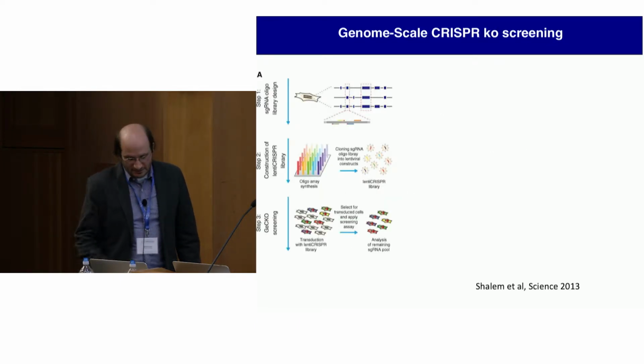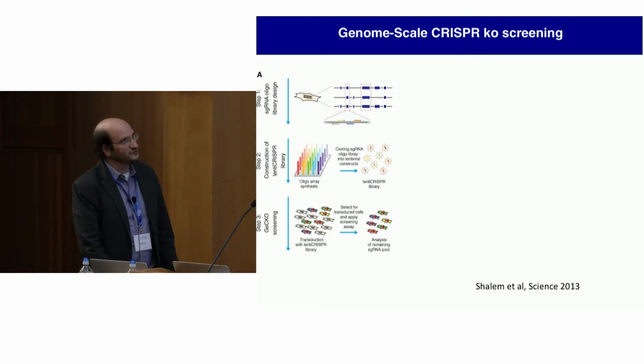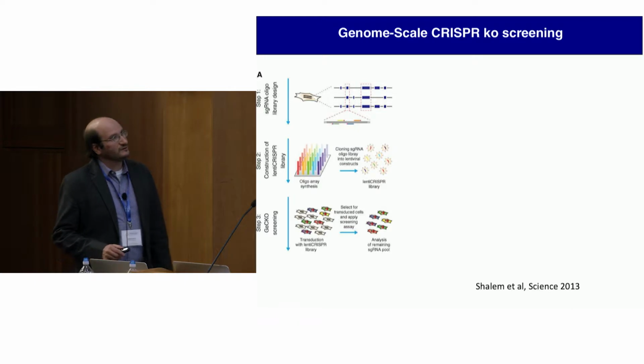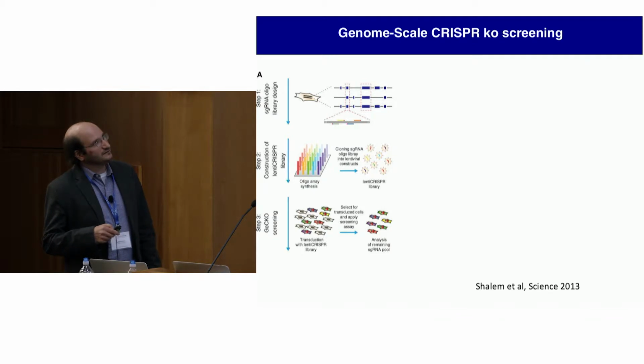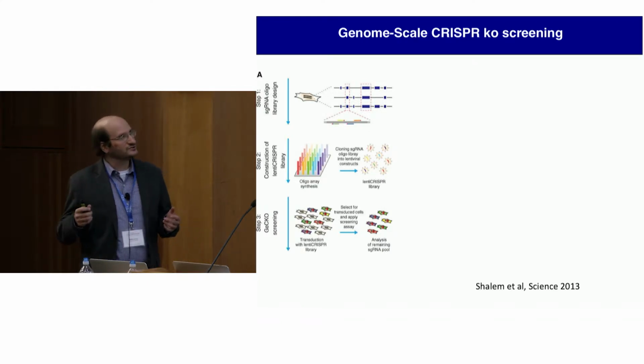Okay. So I'm now going to describe some of the genome-scale screens that have been done. A few of the first ones with CRISPR were using active Cas9 and were conducted by David Sabatini's lab and Feng Zhang's lab. What they basically did was take an oligo design, which incorporated some of the same rules that Luke described in terms of optimizing guide RNA properties.